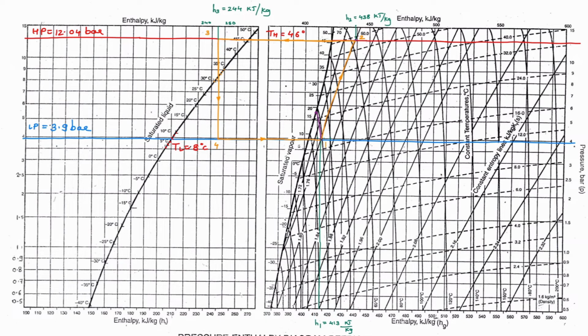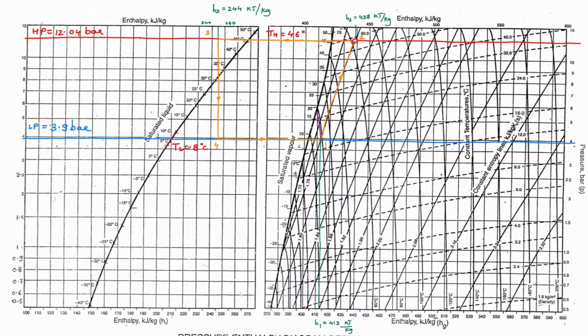Here you can see this is 410 and this is 420, and in between we have 415, and whatever point 1 enthalpy is, it is left of that. So approximately it is ahead of the center of 410 to 415. We will take H1 equal to 413 kilojoule per kg.